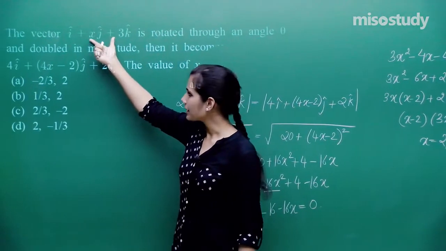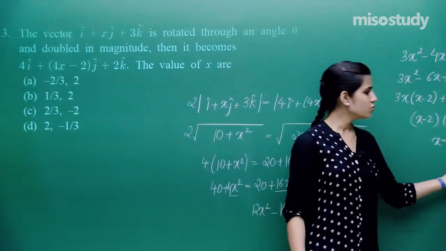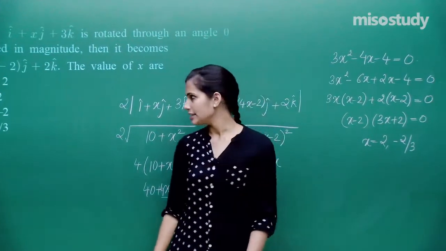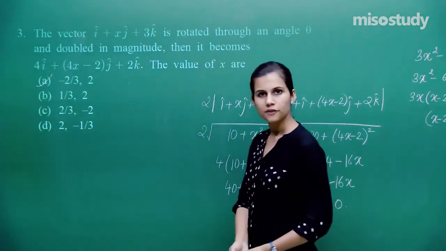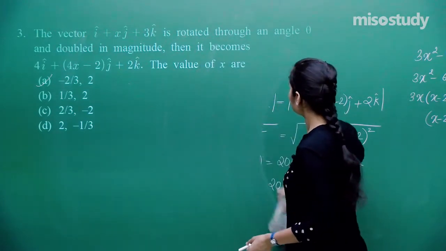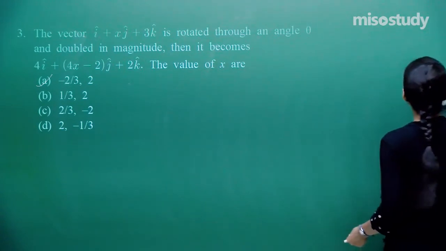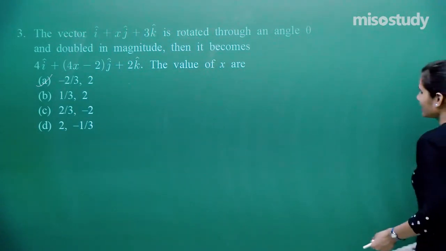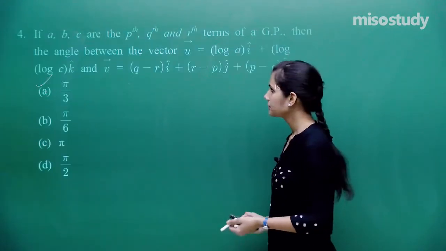When it is doubled, it becomes equal to the magnitude of this vector. So the values of x are coming out to be 2 and minus 2 by 3. Let's see. 2 and minus 2 by 3. Fine. Now, over here, this rotation thing was just given for confusion. Actual thing could have been just brought by the very fact that the magnitude when doubled becomes equal to the magnitude of this new vector.